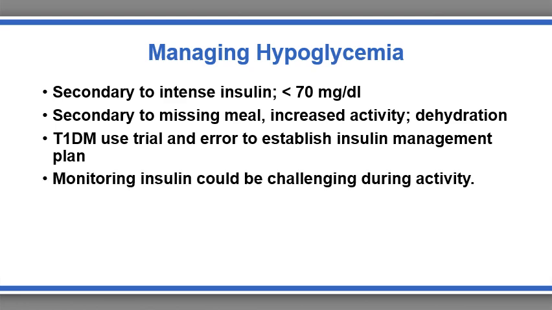The other challenge is that sometimes monitoring insulin during activity can be very difficult, but it's something you have to make sure of. Hypoglycemia is usually going to happen if they take insulin or their insulin secretagogue, they skip a meal, or they exercise for a long time or strenuously. That's where you get this severe decrease in blood glucose.